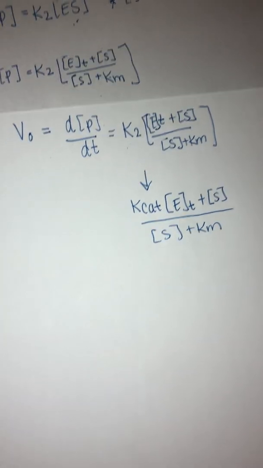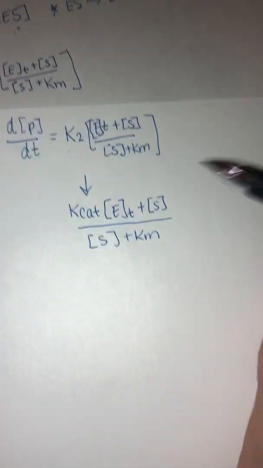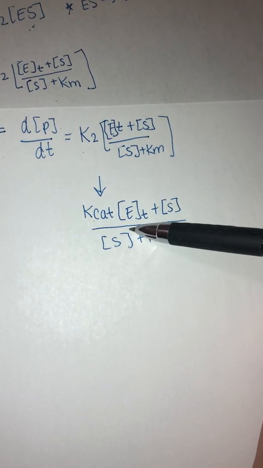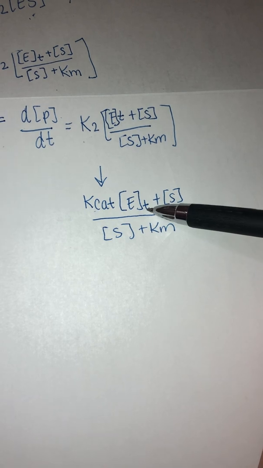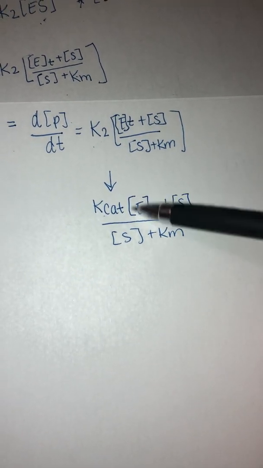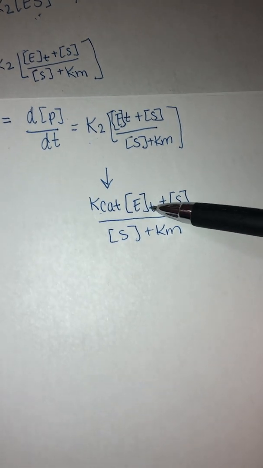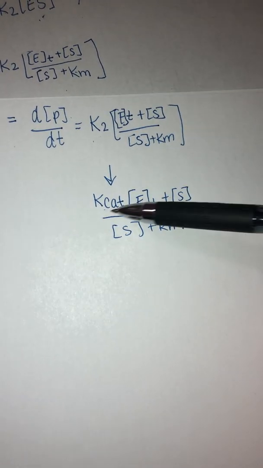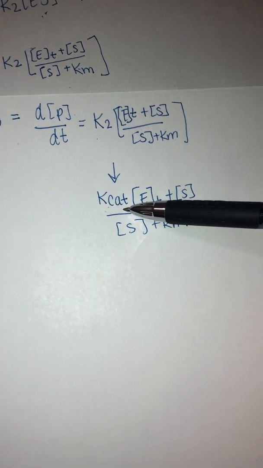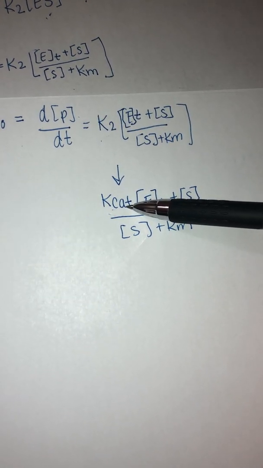So now that we've substituted that in, if you think of what this means, Kcat times ET, this means that it's the total concentration of the enzyme, which is ET, the total enzyme concentration, times, as we said earlier, the Kcat is equal to the total number of molecules an enzyme can catalyze per second.